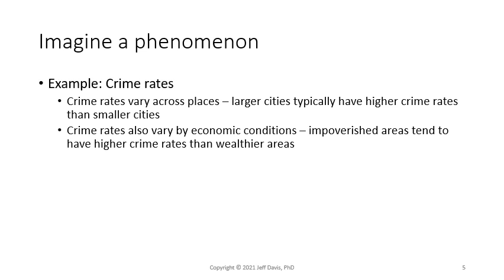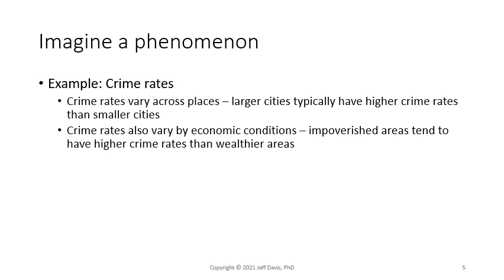All right. So to think about the first part, right? Imagining a phenomenon. All right. So when we think about crime rates, now again, I'm not thinking about any particular data. Okay. I'm not thinking about any particular source of actual data. I'm just thinking about, well, what do we typically think when we think about crime rates, right?